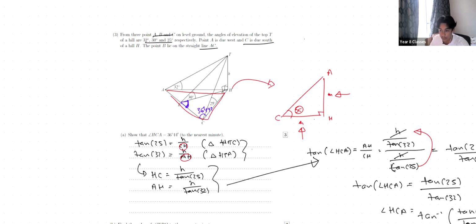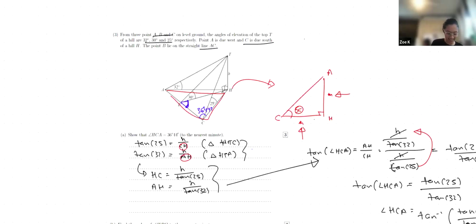Okay. And what do you then get as angle HBC? 47 degrees, 47 minutes. Is that the only possible answer? No, because of the sign ambiguity. So what's the other possible answer here? 180 minus that.